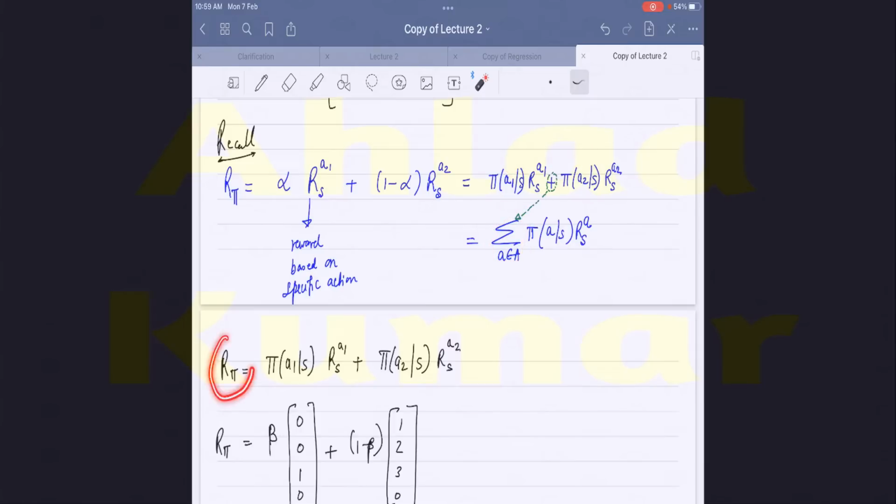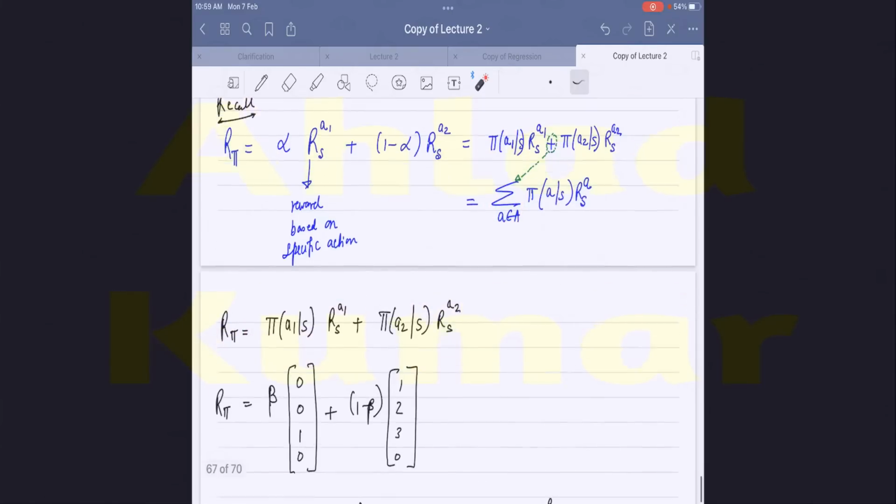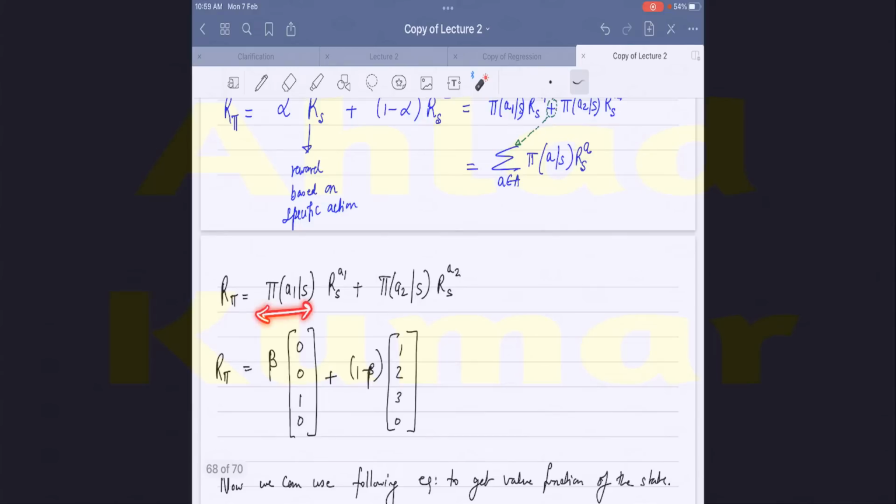So r pi, the reward based on the policy, can be expanded like this. Here, the probability of the policy for action a1 in any state s is denoted by beta. So beta is known to us, and this is 1 minus beta here. And these one-dimensional column vectors are already calculated, and it's given over here like this.